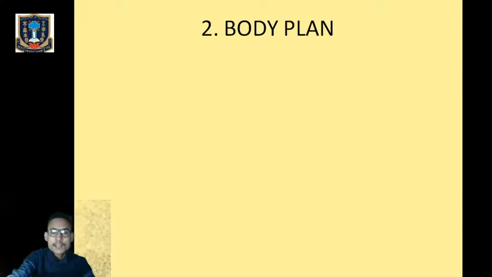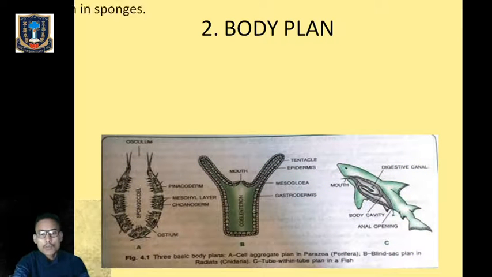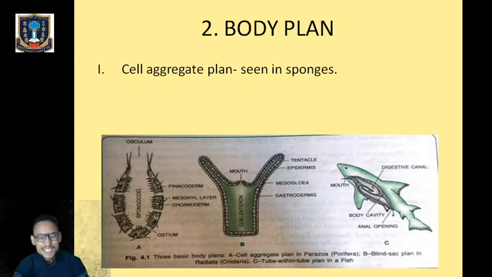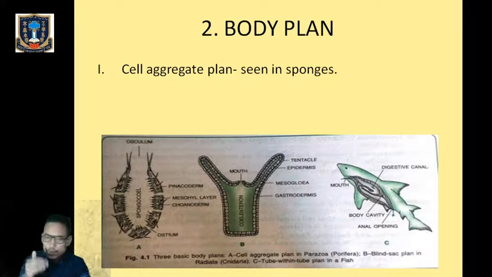Okay, next basis is our body plan. Under the body plan, the first one is the cell aggregate plan, which is seen in the simplest multicellular forms, that is sponges, in the phylum Porifera. You can look at figure 4.1a, the cell aggregate plan in Porifera, mainly in sponges. The sponge's body is essentially an aggregate of cells. Though they are multicellular, their cells are independent and function independently.